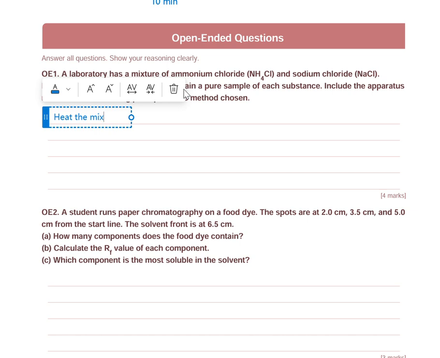First, you have to heat the mixture gently in an evaporating dish.